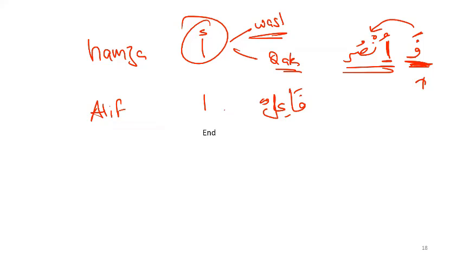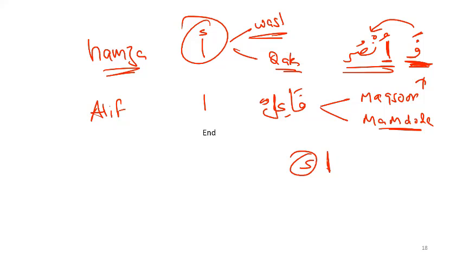Another thing: just like we've talked about the two types of hamzas, wasl and qata, with alif you also hear two types of alifs, maqsura and mamduda. Do you know what madda means? Madda means to extend. Have you heard alif madda? Sometimes you extend the alif, and the rule is that if an alif is followed by a hamza, then the alif is extended.